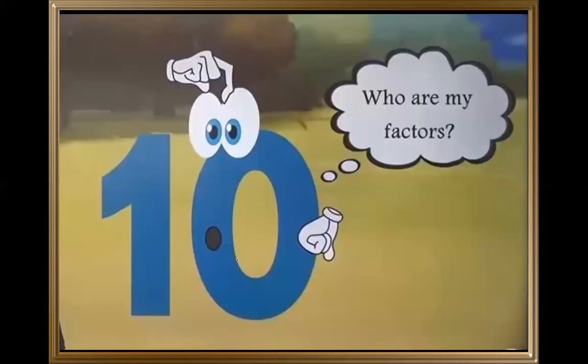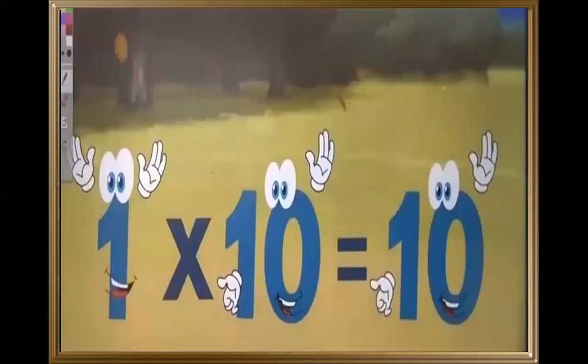So here number 10 is asking who my factors are. I think 10 needs to find its friends. So let's see the friends of 10. Here 1 into 10 is equal to 10.